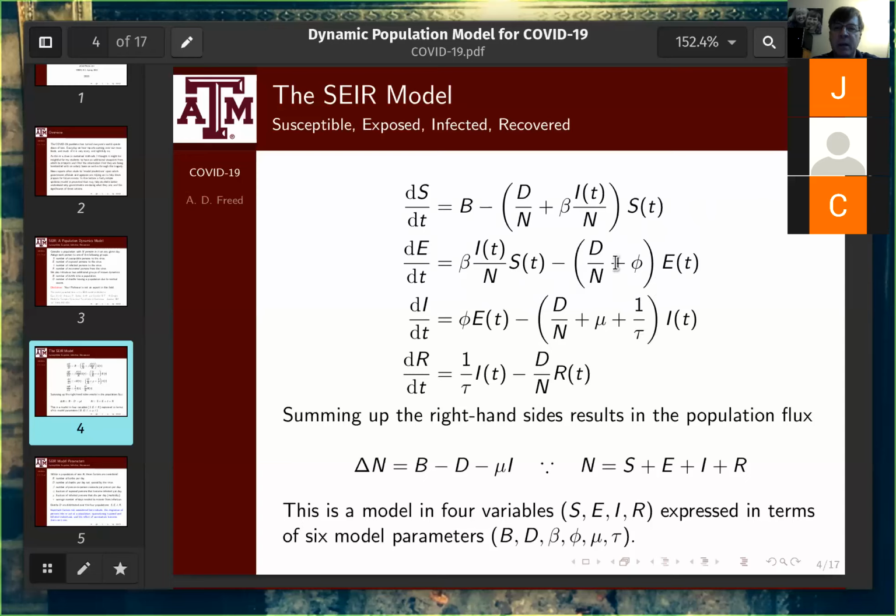And then we're taking terms from the exposed and putting them into the infected. And then we're going to take them from the infected and put them in the recovered. So the infected has, again, the fraction of deaths caused by normal causes.